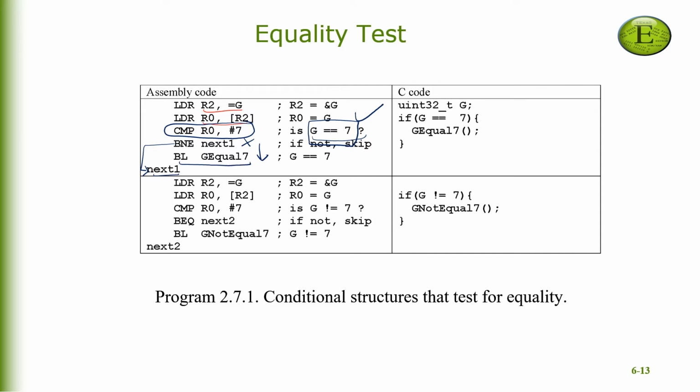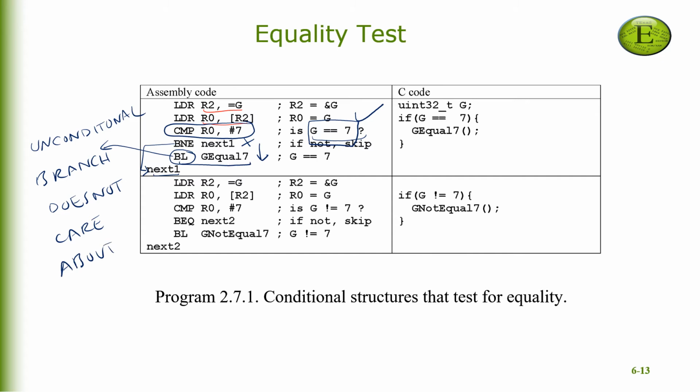And this instruction is BL. Remember, this is an unconditional branch. So it is not going to look at the values of the code bits. It doesn't care about the code bits.